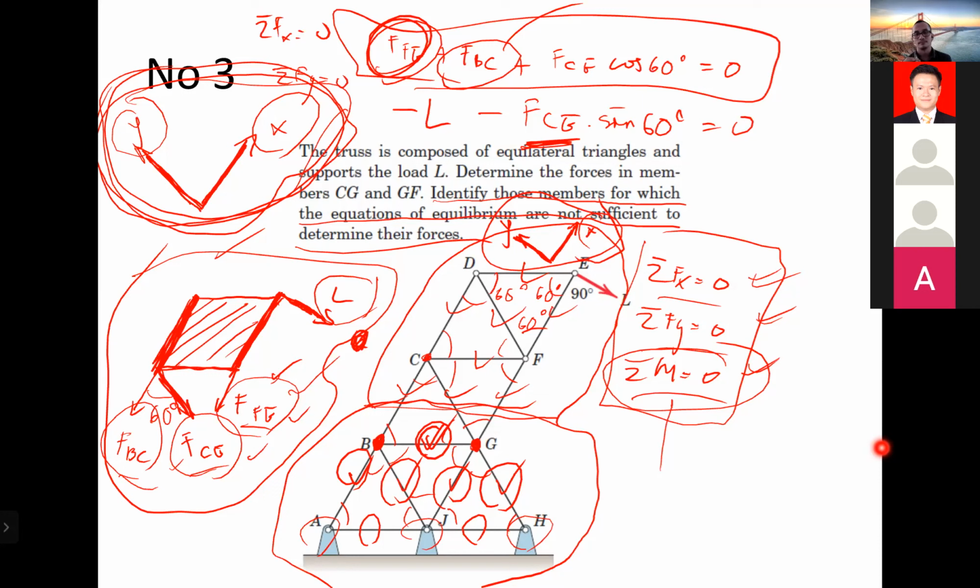So it also applies for the H pin then, sir? The Hx also goes to the right? It's like this. Whenever we have a pin like this, the components will be Ay and Ax.